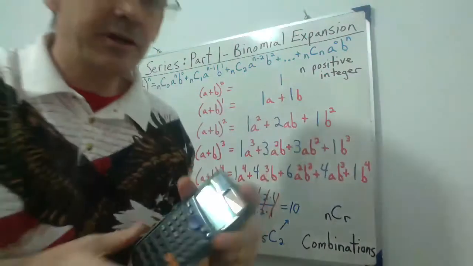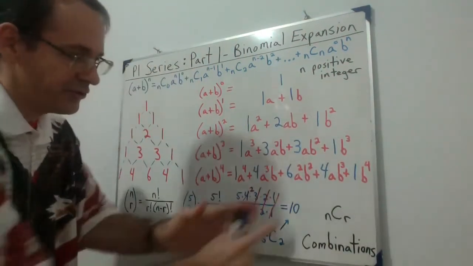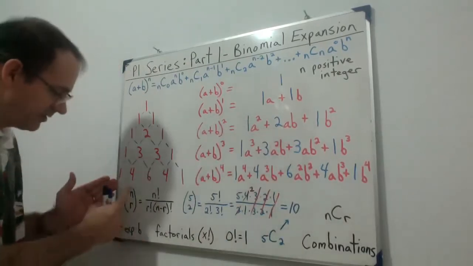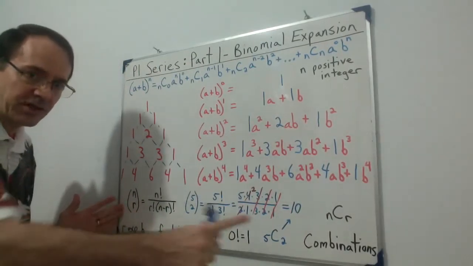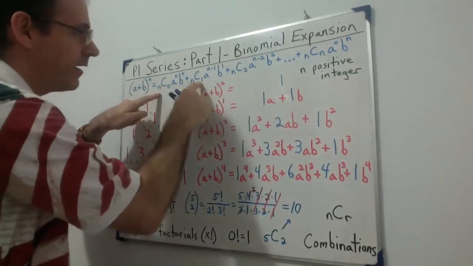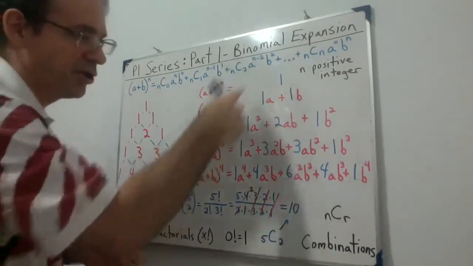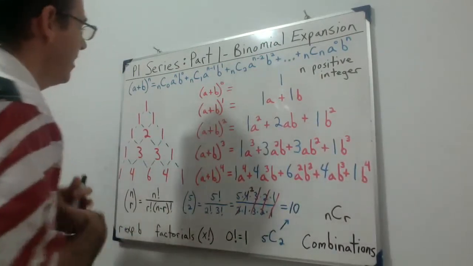So that is what you're going to use on your calculator, and that's why I use this notation instead of this notation. We'll discuss this a little bit later. So I put this nCr notation, which gives us the coefficients, okay?